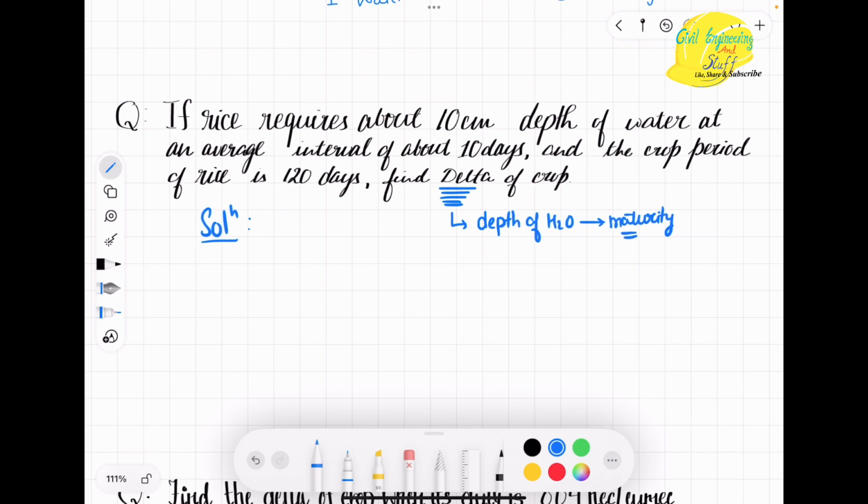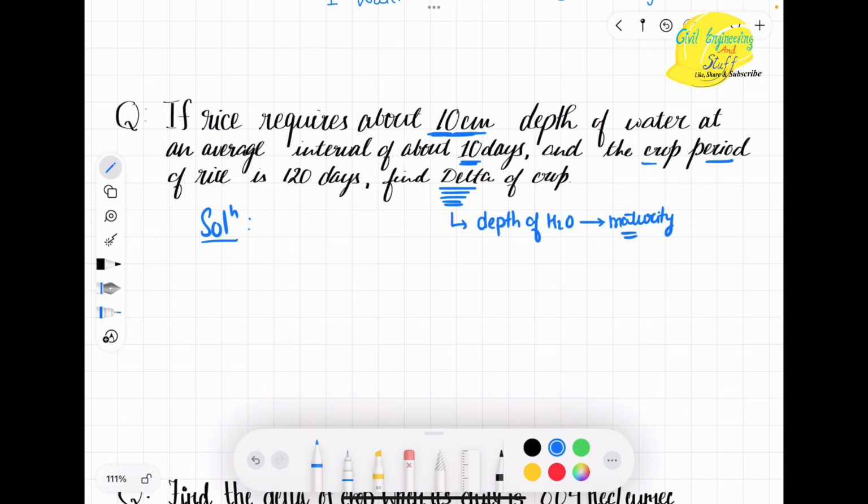So definitely here the crop period means that up till its harvesting, we will be supplying the water every 10 days, and each time we are supplying the water, we are going to supply the water up to 10 centimeter depth.